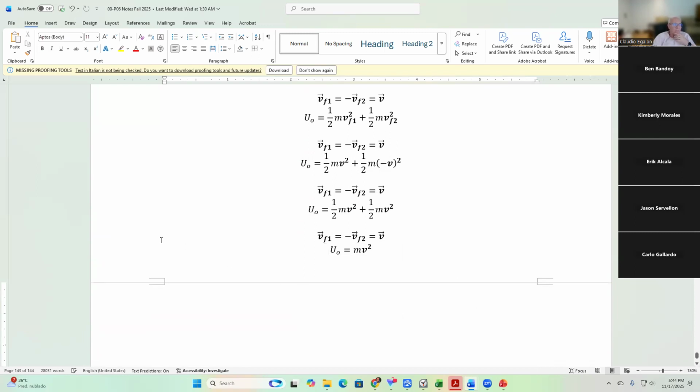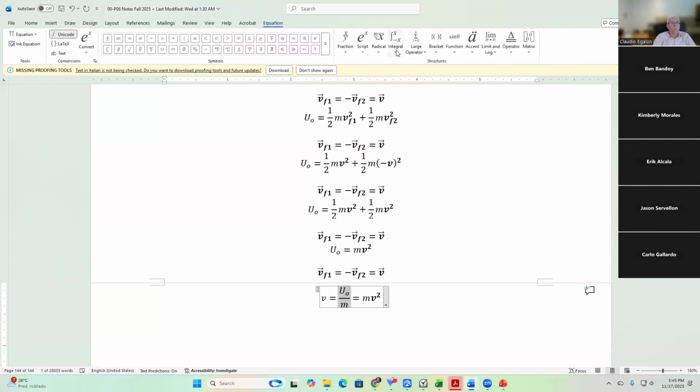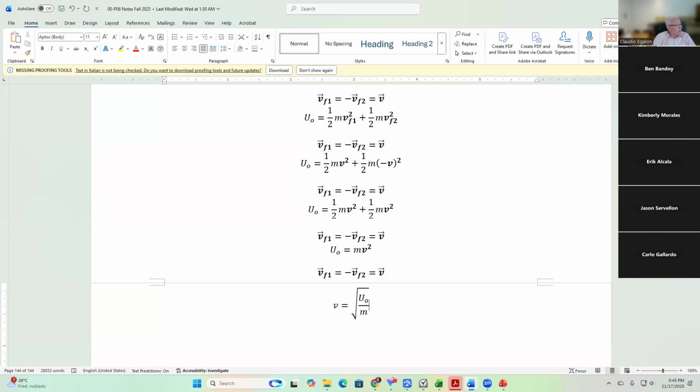V final, square root. So we were able to find the velocity just by using the value of the internal energy of the gunpowder.